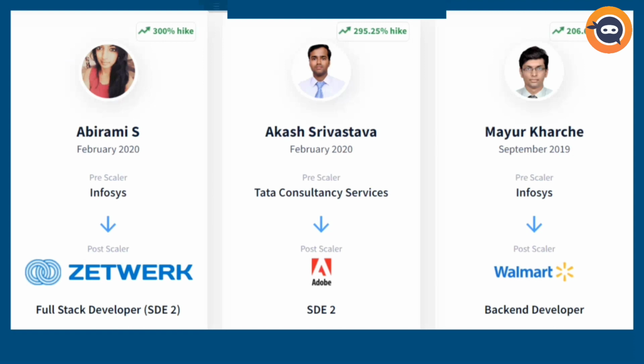Similarly, Akash Srivastav got a 295% hike and Mayur got a 206% hike. So that is what you can sell to the client. That is what you can tell, that this is the most important point of Scaler, that it does not only provide training, but it also provides placement support, that too in globally recognized brands.